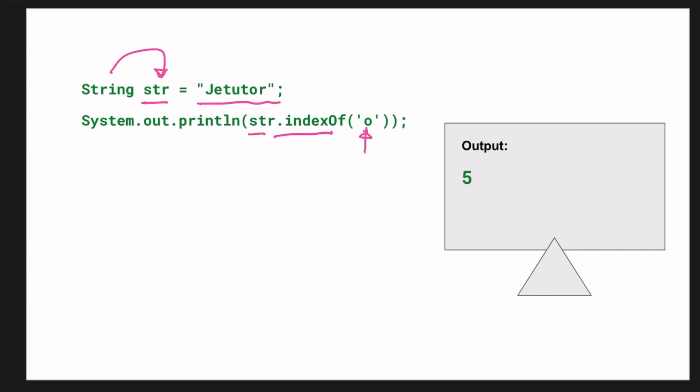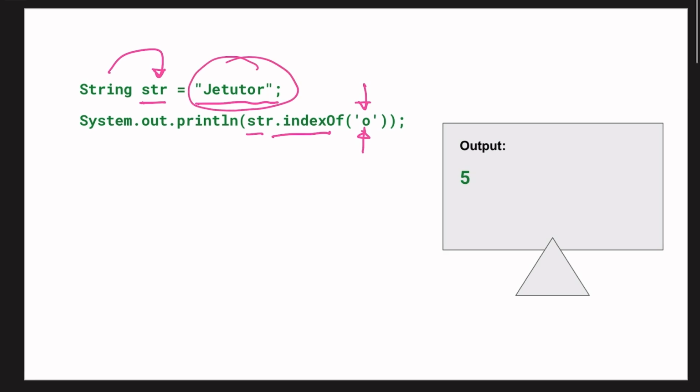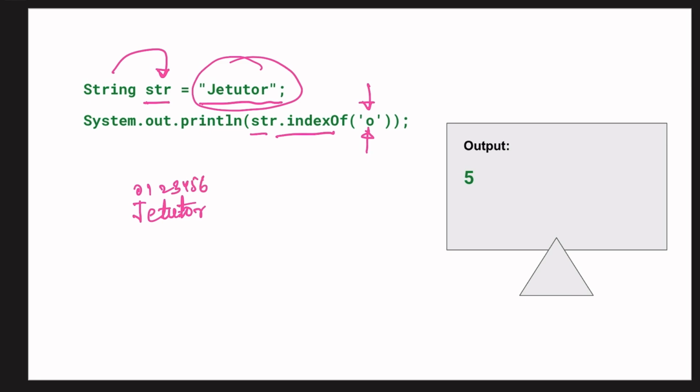What we are doing here is we want to access the index of O. If this is the string, I write it with the index like jtutor 0, 1, 2, 3, 4, 5, 6. So we are accessing the O. So that is going to be the 5. So the answer would be 5.